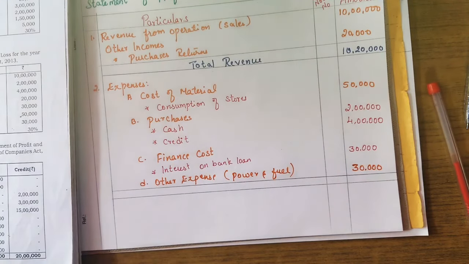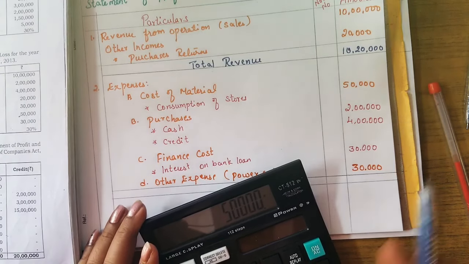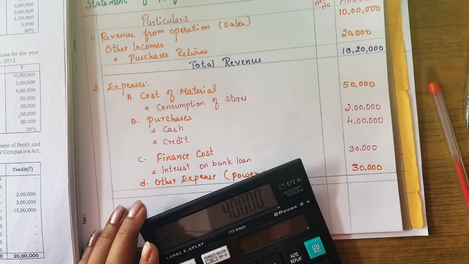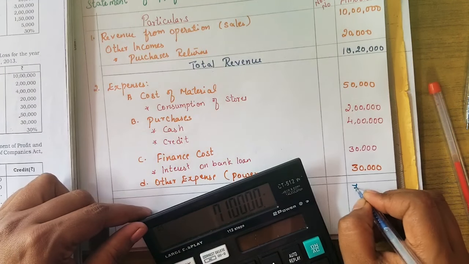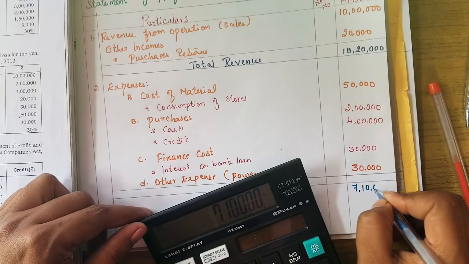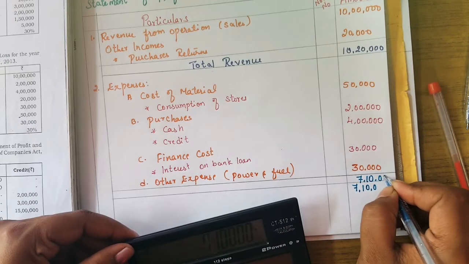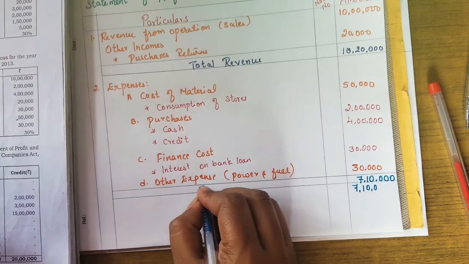Let me check. So 50,000 plus 2 lakhs plus 4 lakhs plus 30,000 plus 30,000. So you are getting 7 lakhs 10,000. Oh, sorry, 7 lakhs 10,000 as your total expenses.